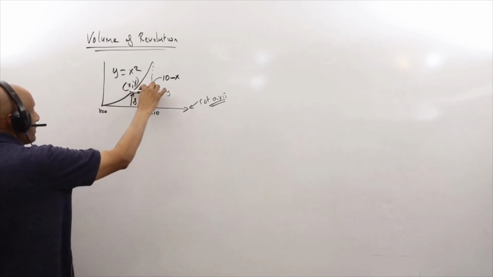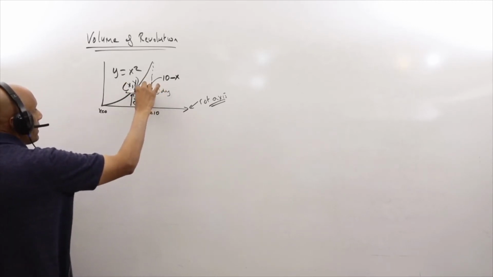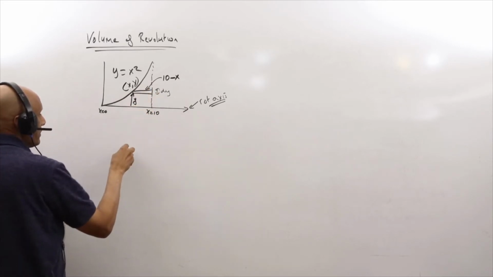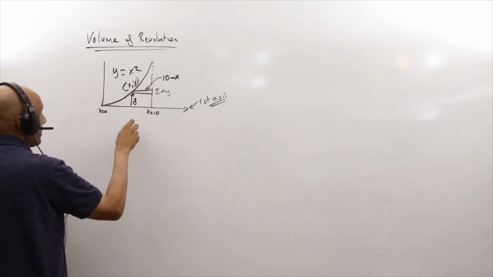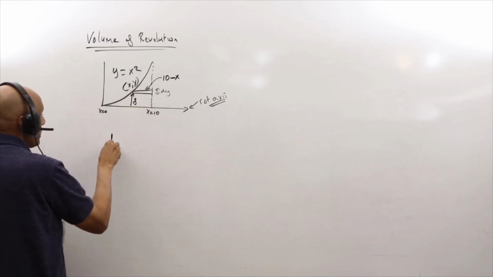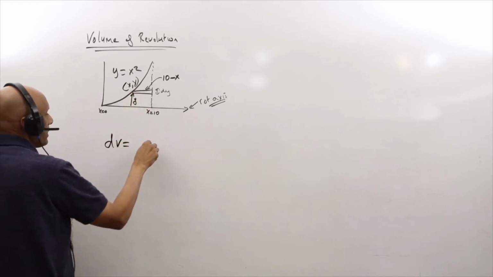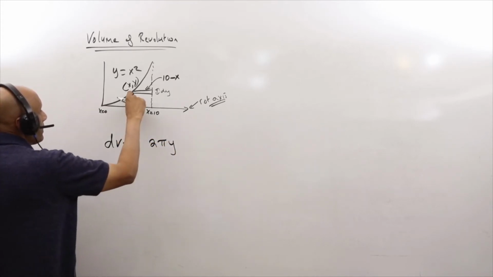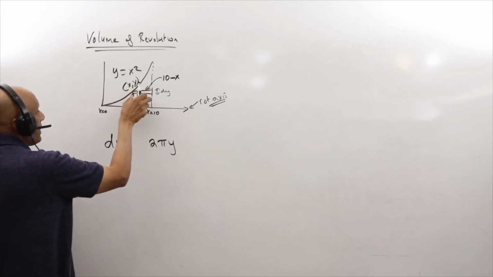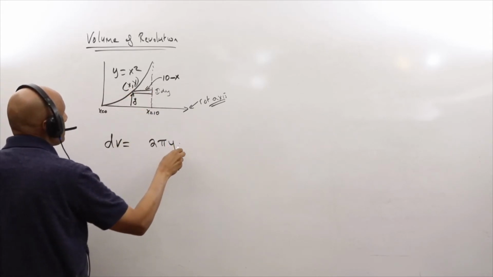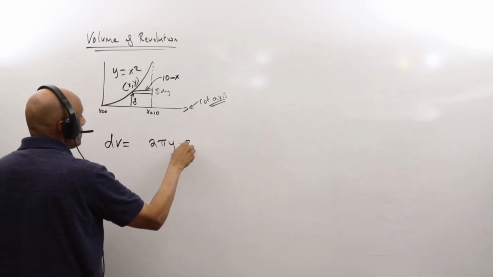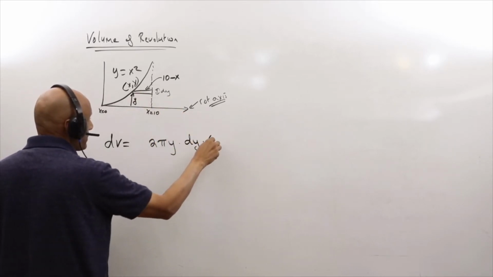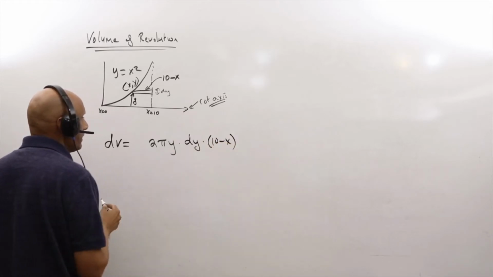So we're talking about a thin cylinder, and I'm trying to find the volume of that thin shell. Its dV is going to be 2 pi y, the perimeter, times the area that's formed, which is times dy, times the length, in this case 10 minus x.